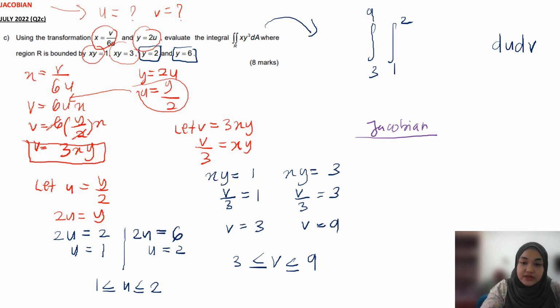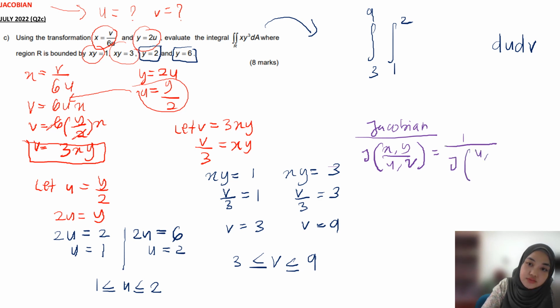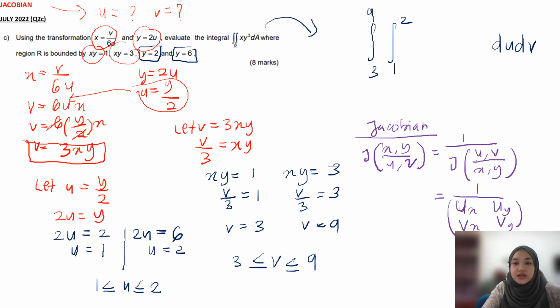The formula for the Jacobian J(x, y, u, v) equals 1 over J(u, v, x, y), which is the determinant of u with respect to x, u with respect to y, and then v with respect to x, and v with respect to y. So you have to differentiate these.